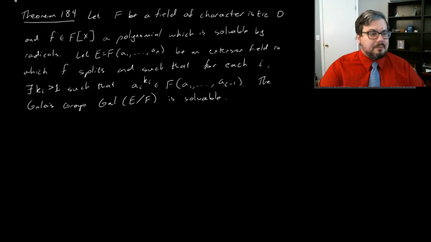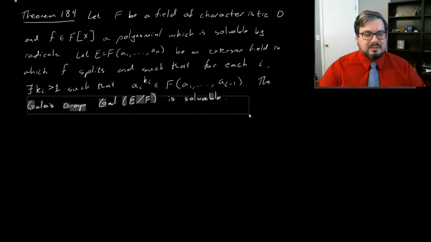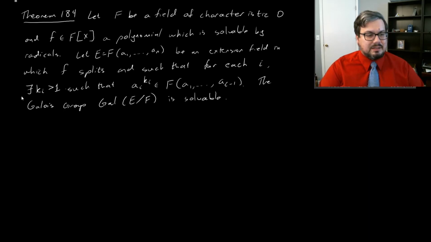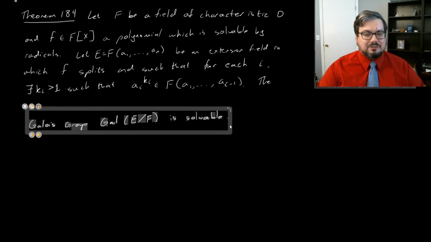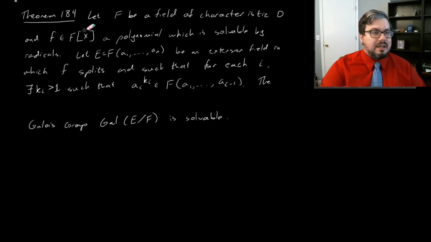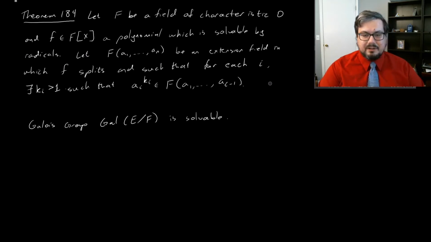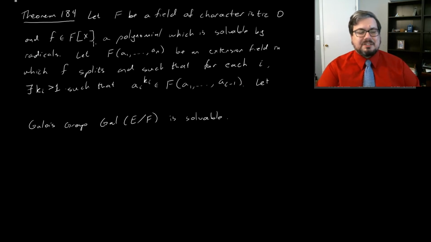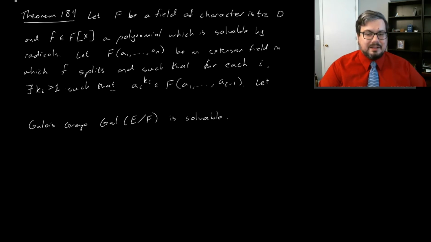Sorry, I made a slight technical difference here, but it's actually going to be important for us. This E might not be the full field here. We know that little f splits in this big field F(a1, ..., an).